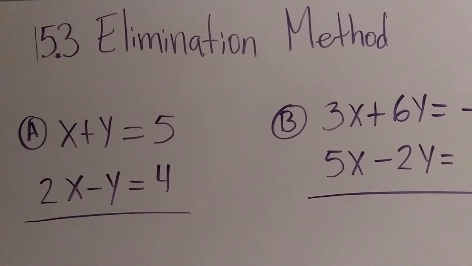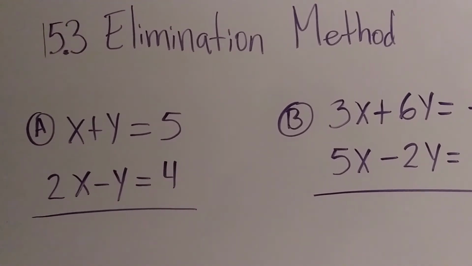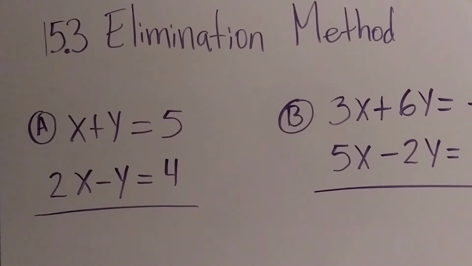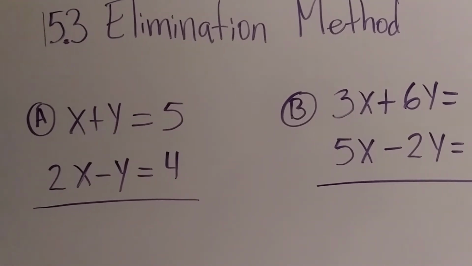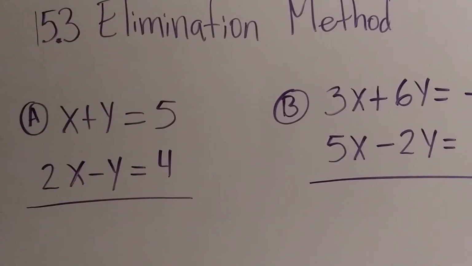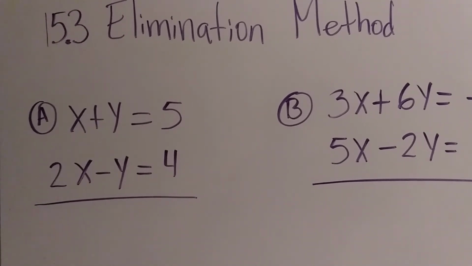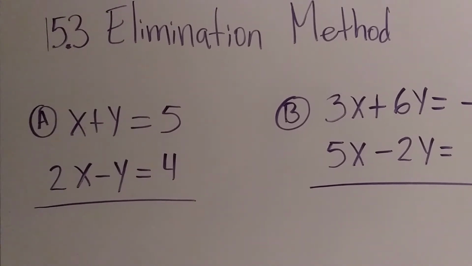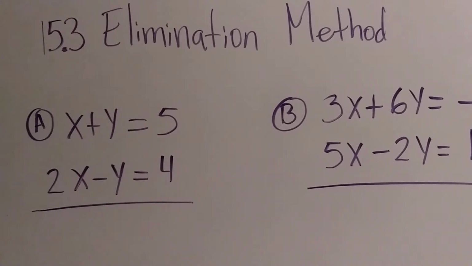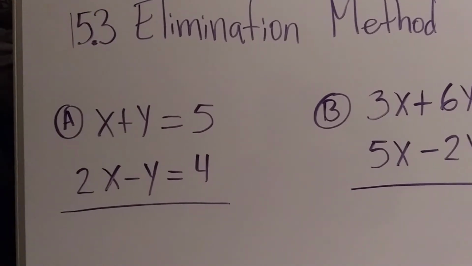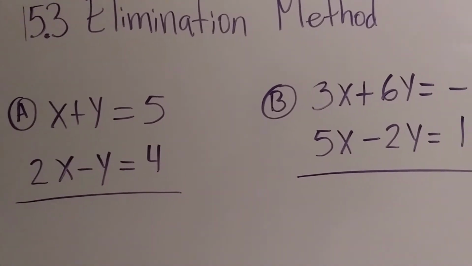It's very similar to adding and subtracting fractions, because at one point you're going to have to look for the common multiple. Another thing to keep in mind is that in order to temporarily eliminate a variable, one of them has to be positive and one of them has to be negative.